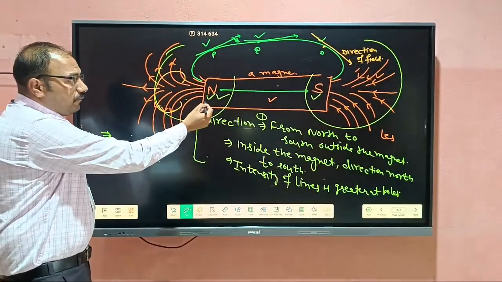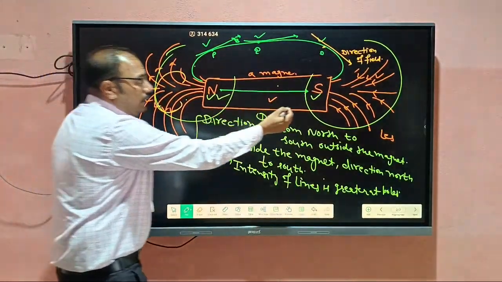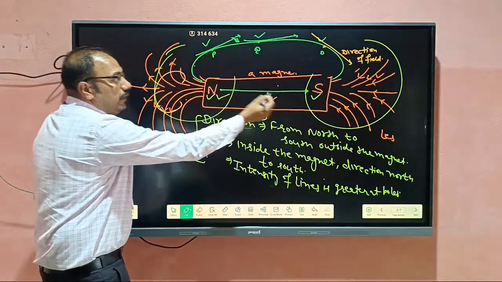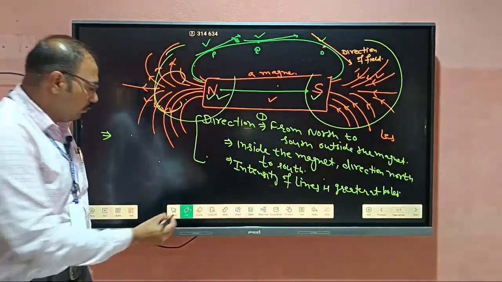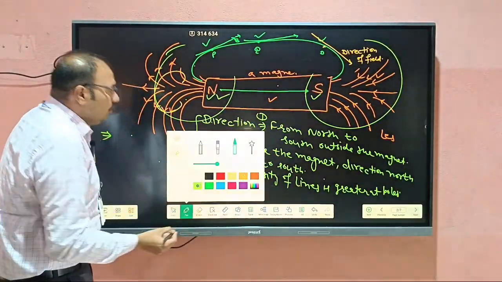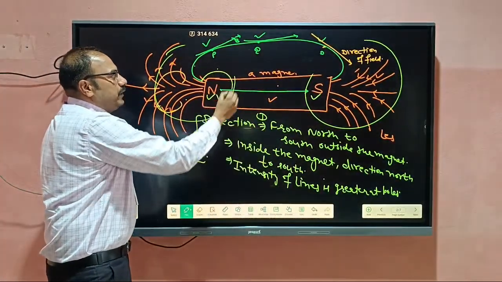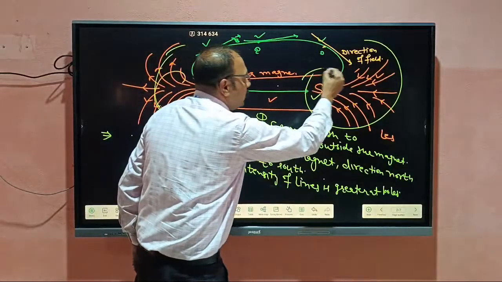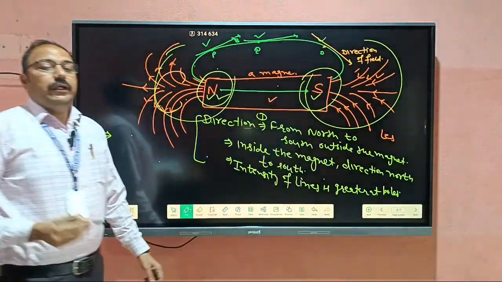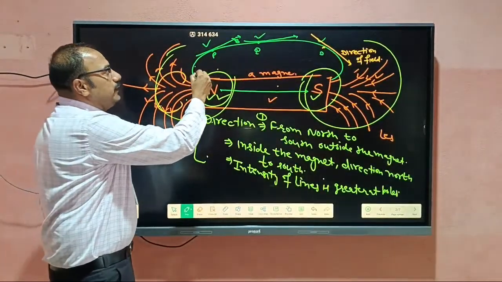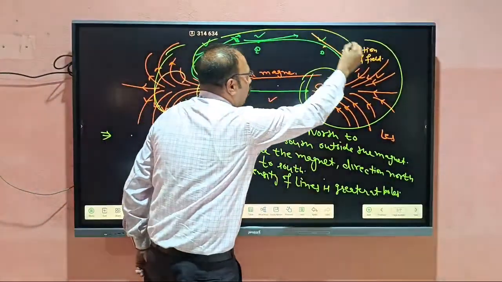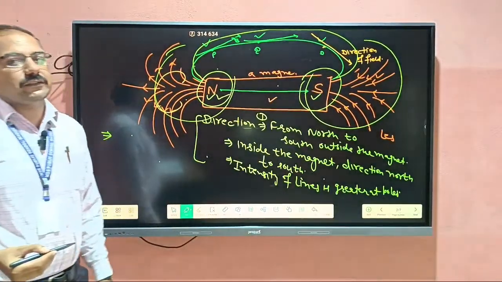In the previous lecture I told you this is an artificial magnet, and this artificial magnet consists of two poles. In this example, this is the north pole and this is the south pole, and these poles produce the magnetic field. These lines start from the north and merge at the south.